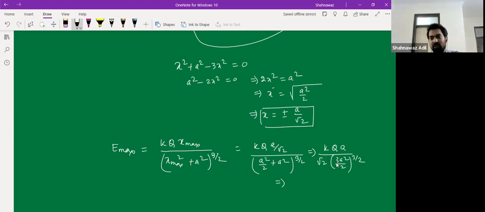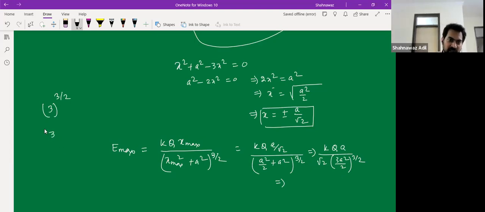So what is 3 to the power 3 by 2? Yes, guys, what would be 3 to the power 3 by 2? Right.